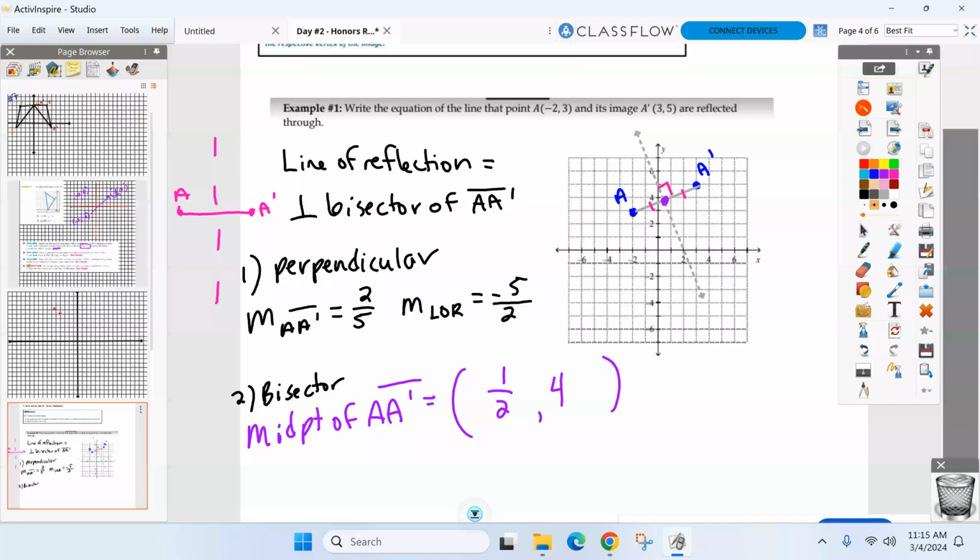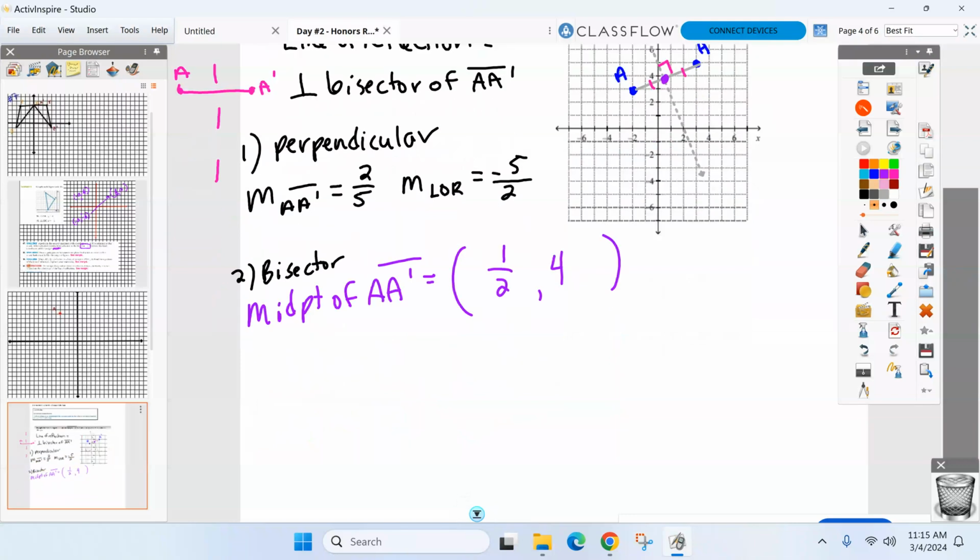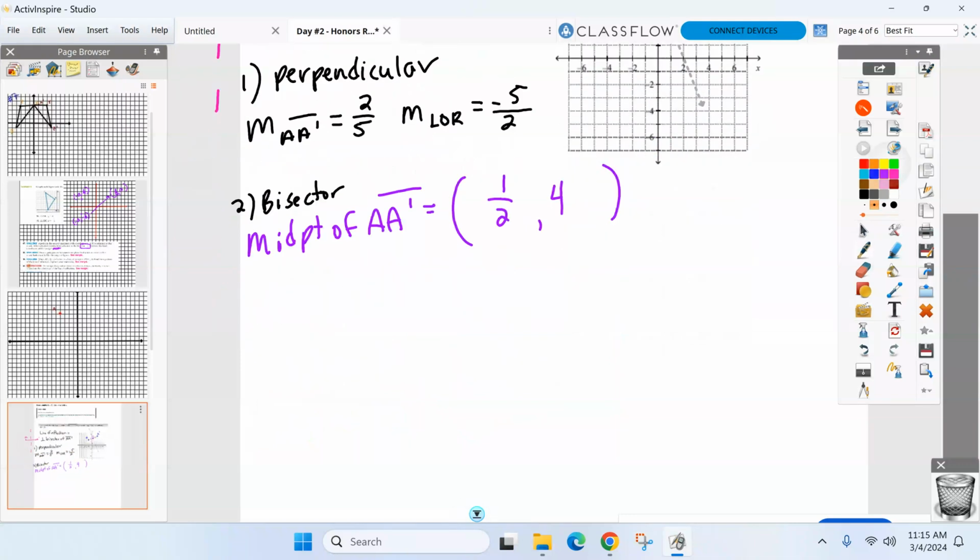Because the only way I've shown you this year to find the y-intercept is using y equals mx plus b. And out of these 4 letters, which one's the y-intercept? B, yeah.